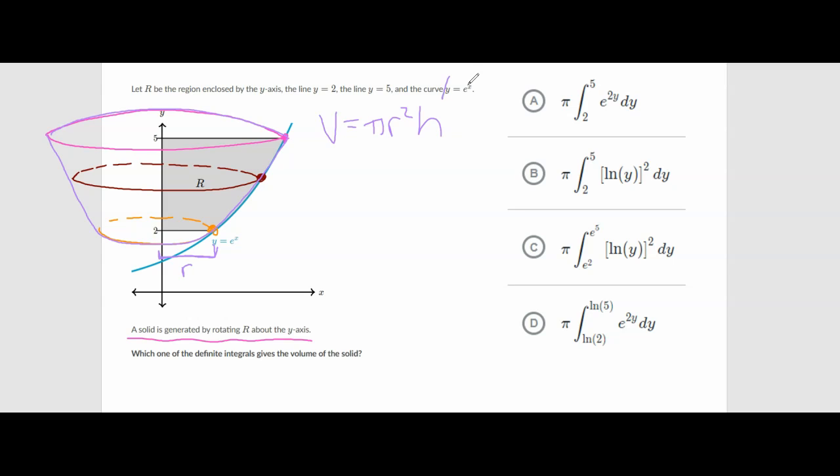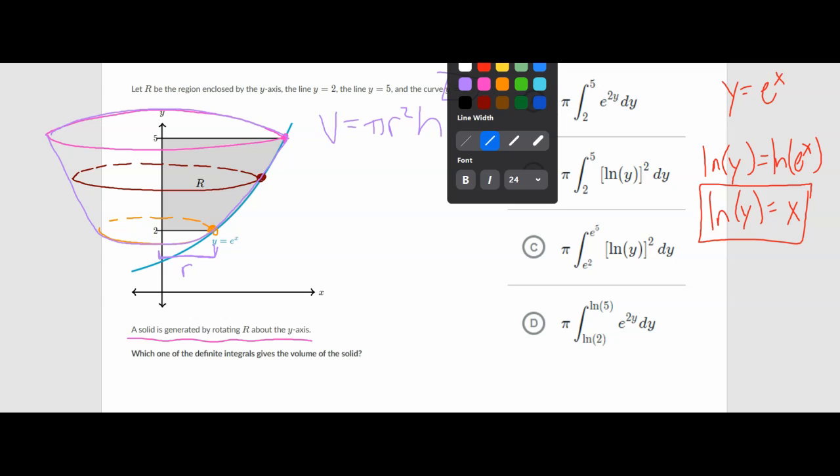We need to rewrite it in terms of y. So we need to get the x by itself. Well, to undo our natural exponential function, we're going to take the natural log. So take the natural log of both sides. That will simplify my e. So I will get the natural log of y is equal to x.